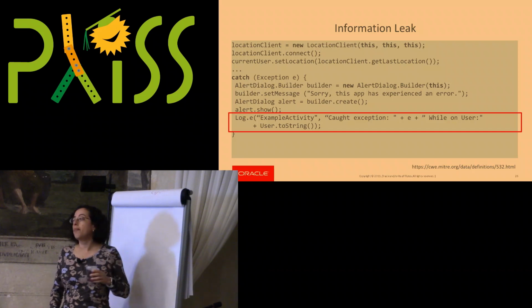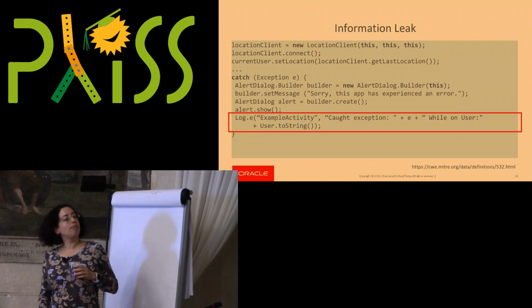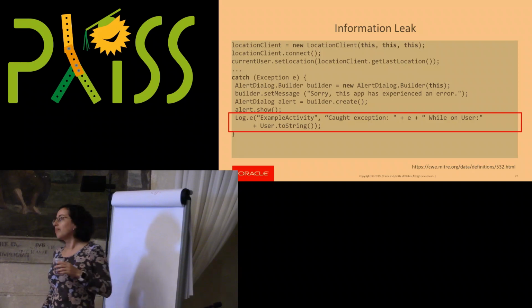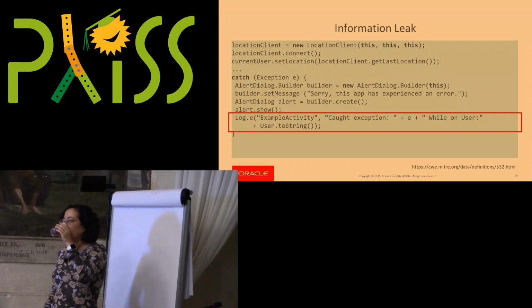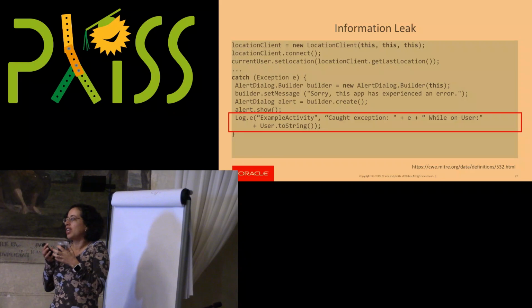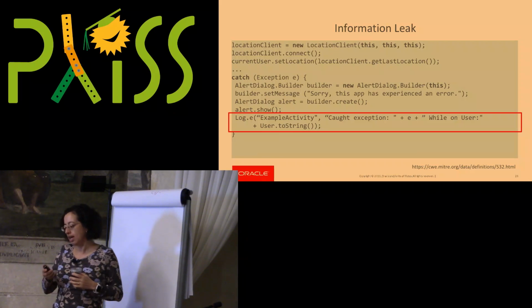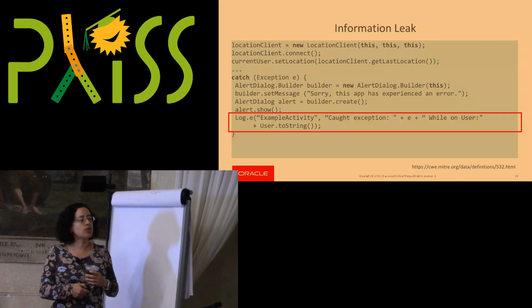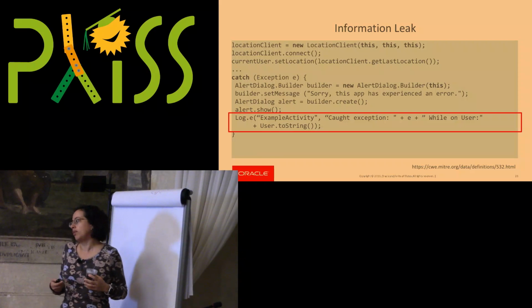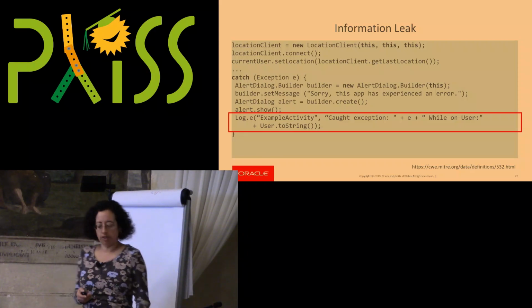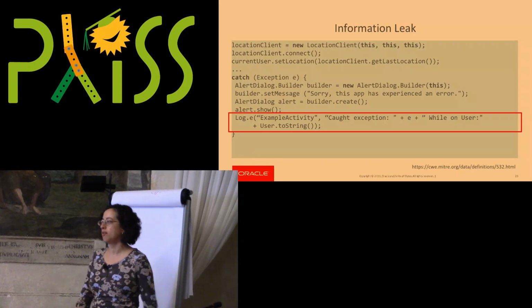But we also just use the exception, which could also contain information that we don't want to leak. Correct, yeah. It's how much information you actually have in that exception, how much you're making available. And the thing with logs is that they're made available to a lot of people, not just a few individuals that should get access to that type of data.